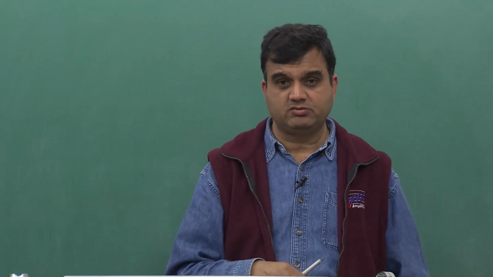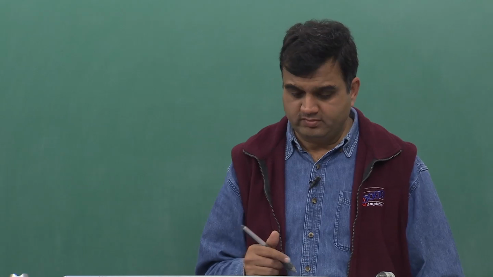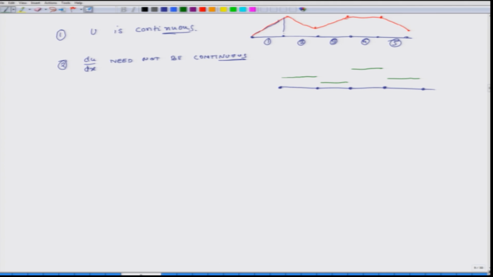So, this distinction will be there. What does that mean? du over dx in the context of the bar problem is related to strain. Du over dx is strain. From strain I can calculate stress.